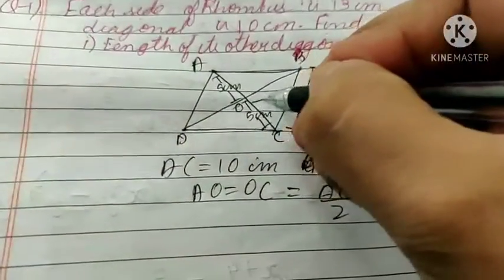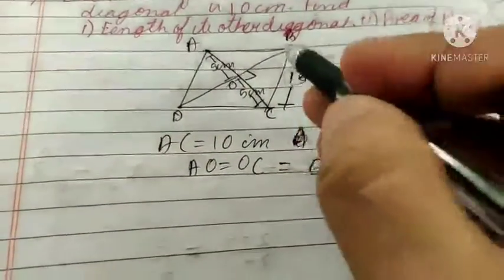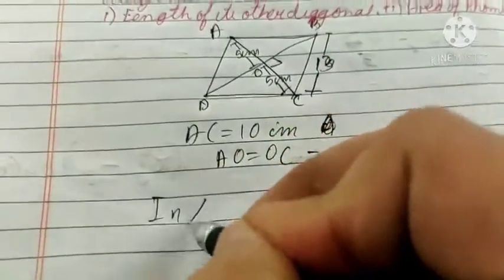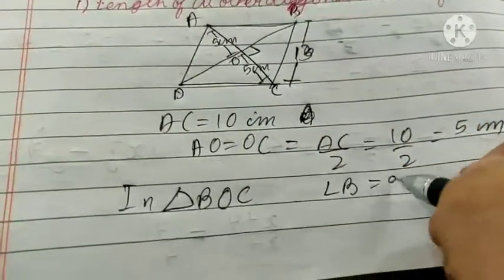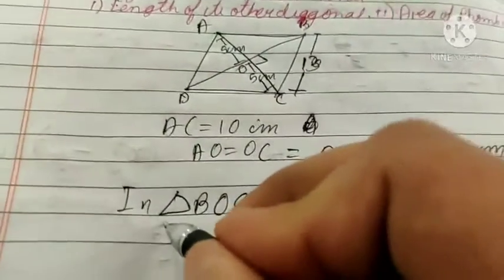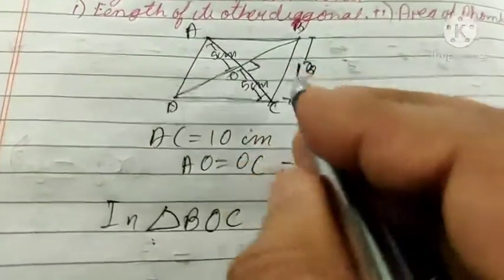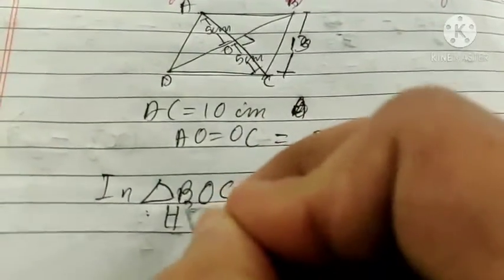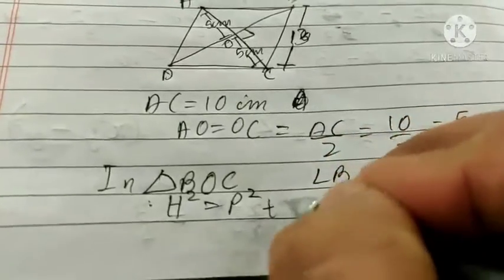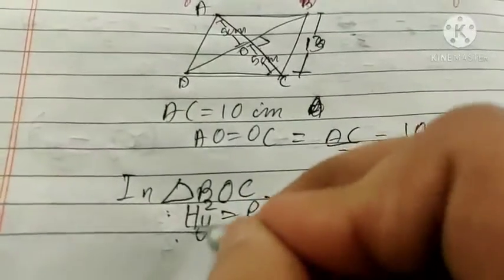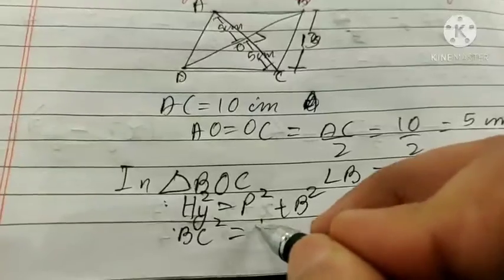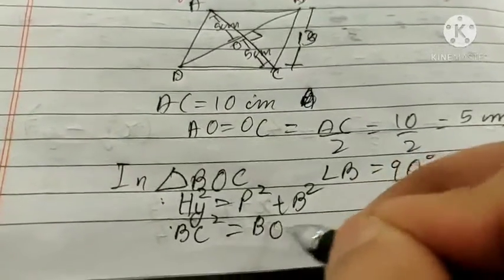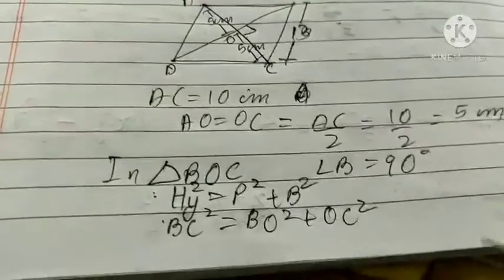Okay, and this is at 90 degree. If we check triangle BOC, angle O is equal to 90 degree. Then here we can apply Pythagoras theorem. What was Pythagoras theorem? That square of the side in front of 90 degree, that is hypotenuse square, is equal to perpendicular square plus base square. Hypotenuse is the side just in front of 90 degree, that is BC square is equal to perpendicular, that is BO square, plus base OC square.